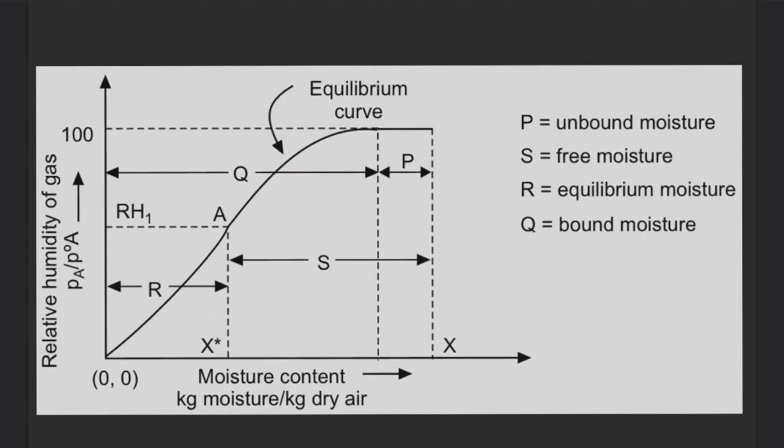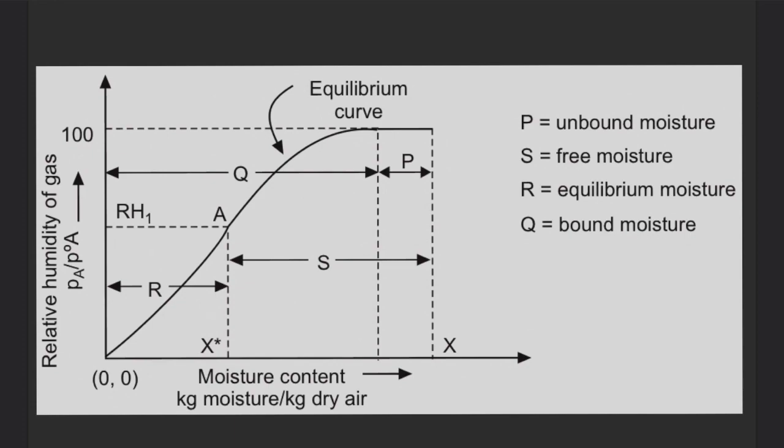It's not that the air will be completely dry; the relative humidity of air will not be zero. So beyond this point we cannot do drying, and drying will stop here, and this will be the moisture content of that material after drying.